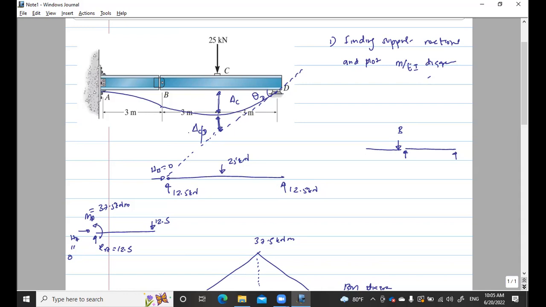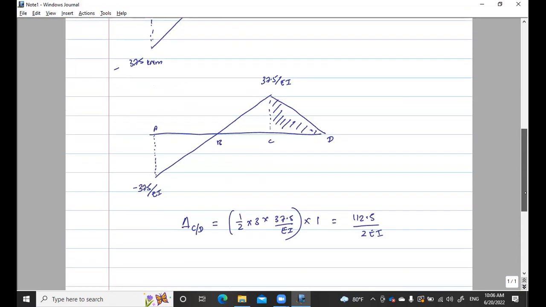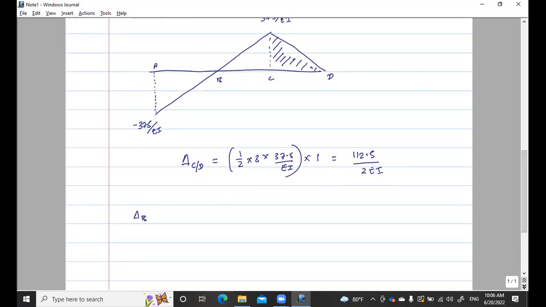Okay, so let's find out delta BD. Delta BD is the tangential deviation from point B to tangent D. If you look at delta BD, that is the area covered by this moment diagram between B and D and the distance to the centroid.